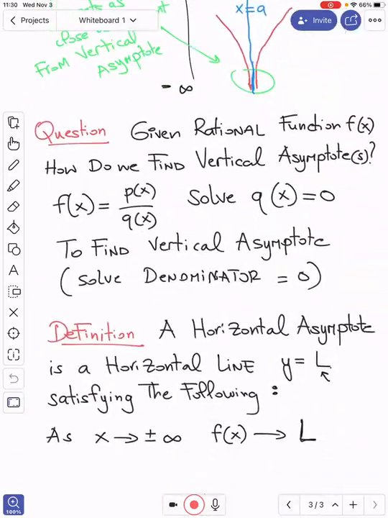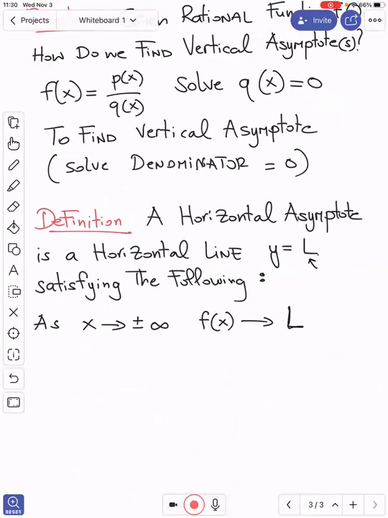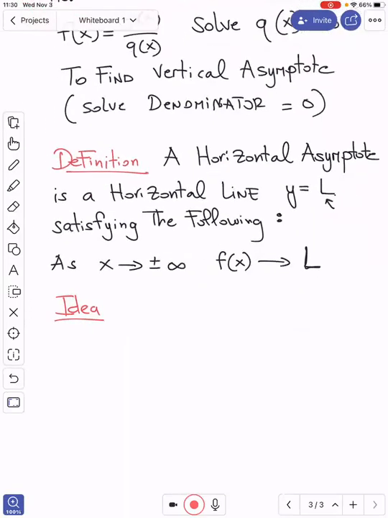So this is the definition of horizontal asymptote. As x approaches positive or negative infinity, your f is going to approach L. So the idea is the following, guys. That's the definition, but let's see what this means for the graph.